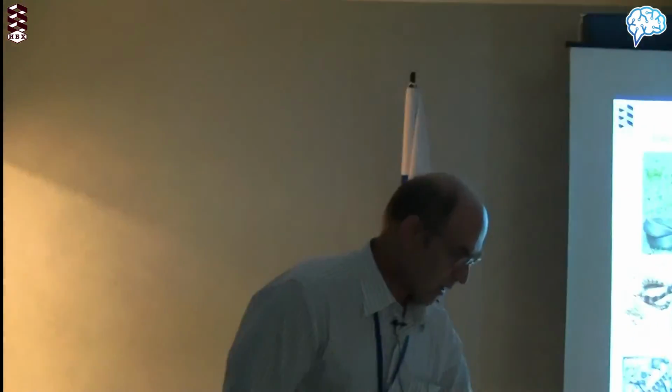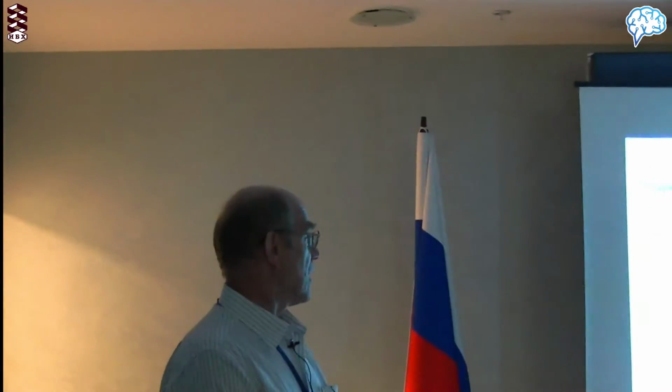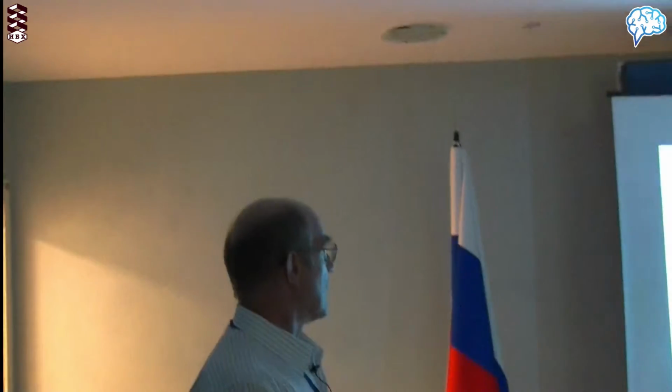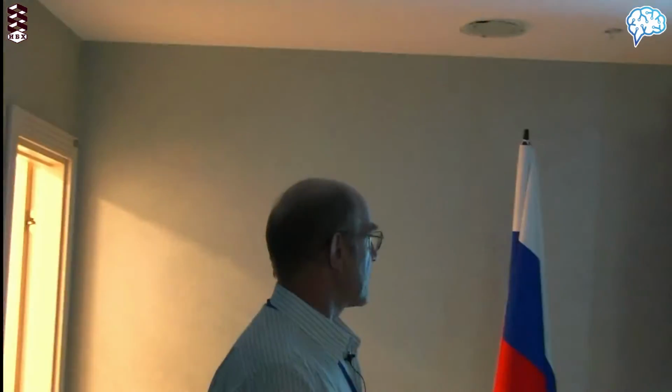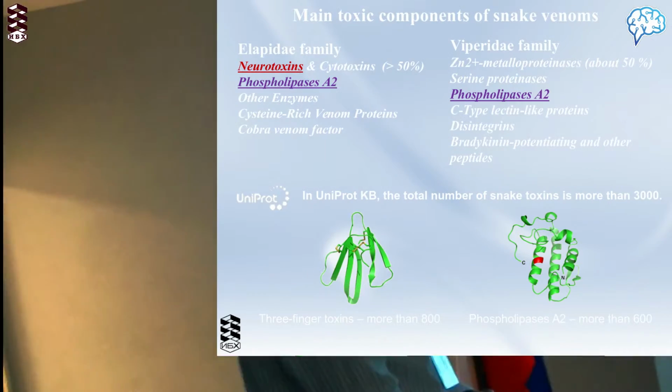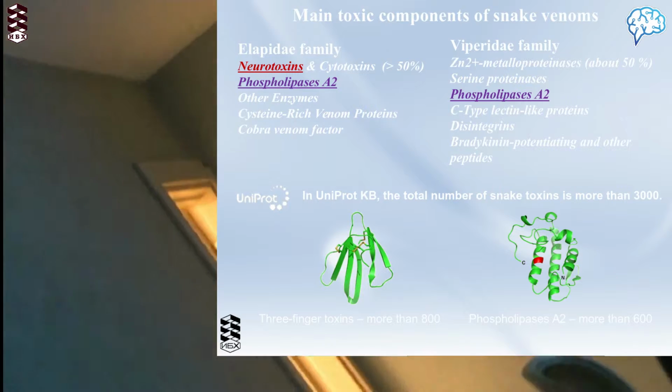These snakes differ not only in appearance and behavior, but also in venom composition. They can be roughly divided into two groups. The Elapidae family contains mainly neurotoxins and cytotoxins, which are non-enzymatic proteins, as well as some phospholipase A2, other enzymes, and some other components.